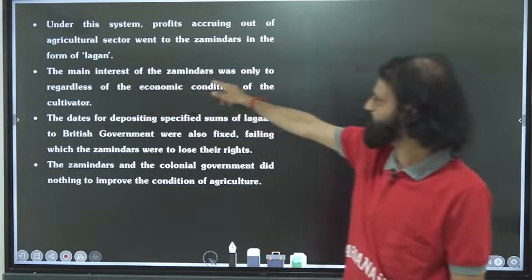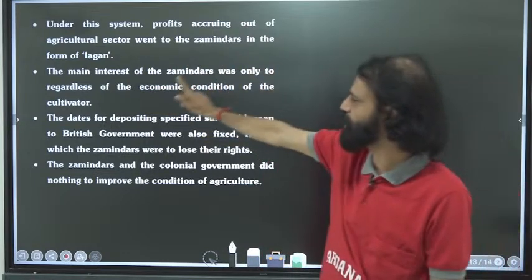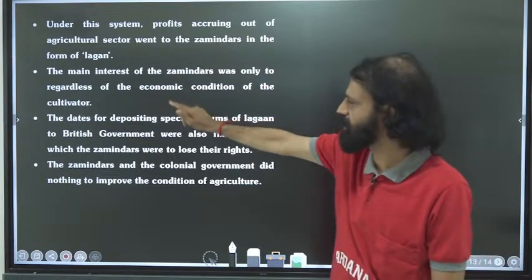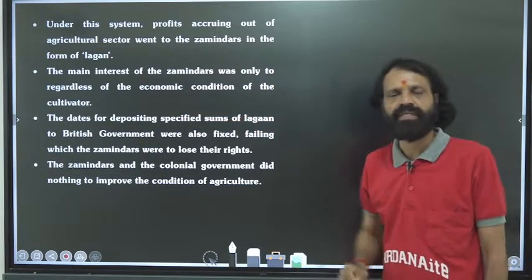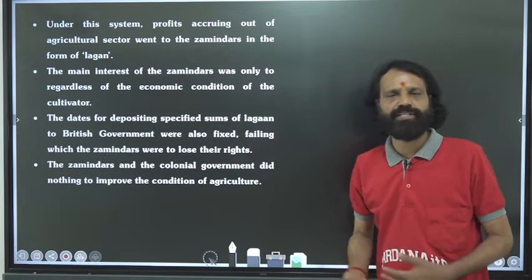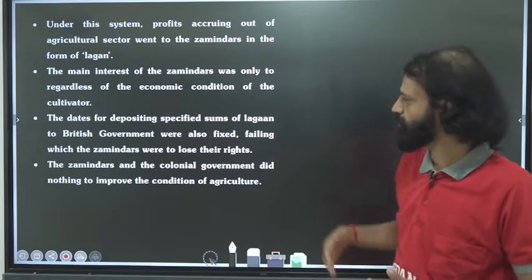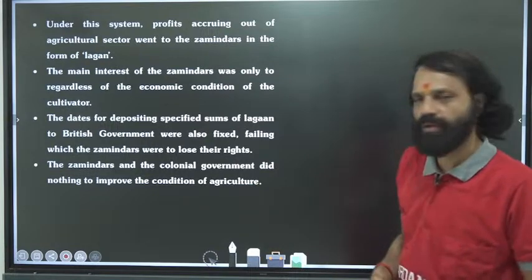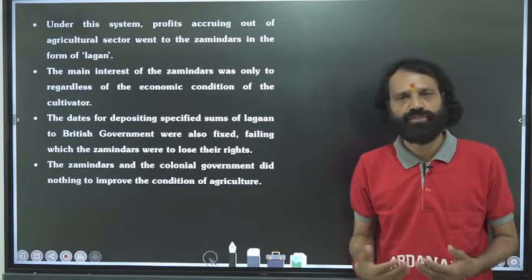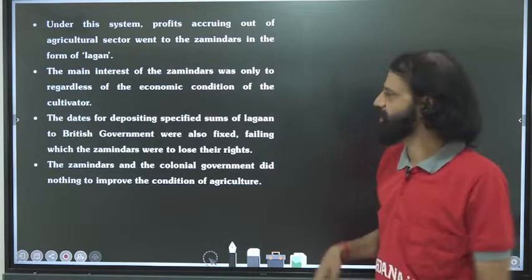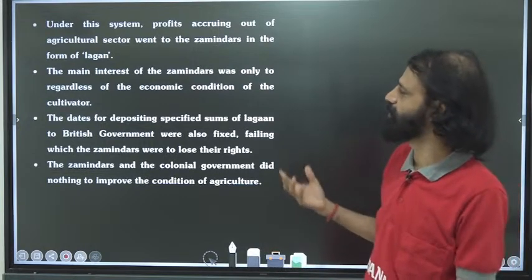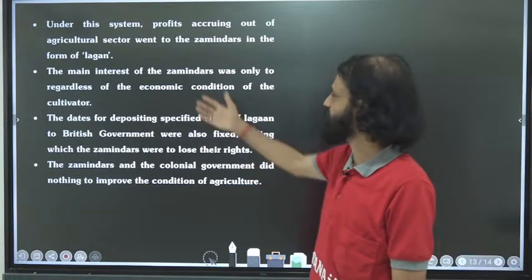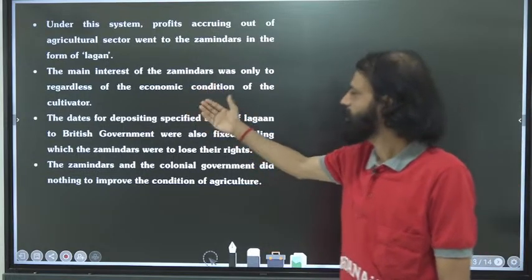The main interest of the zamindars was only collecting tax, regardless of the economic condition of the cultivator. Zamindars didn't give much attention to the development of agriculture, or much support to the farmers. They were simply collecting the lagan. Every year they increased the lagan, and they never checked the production or cultivation.